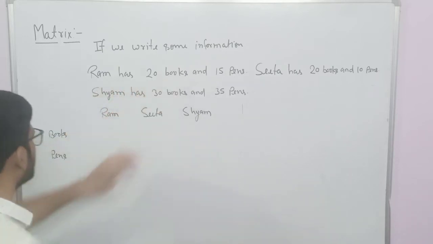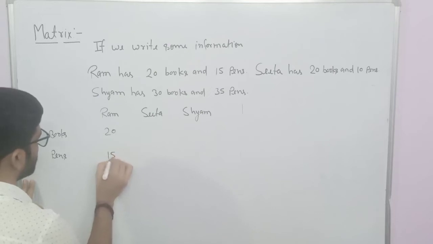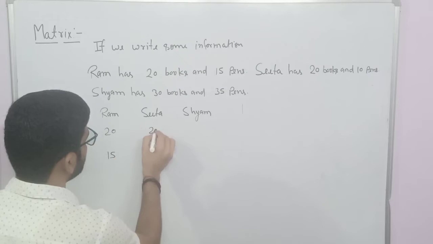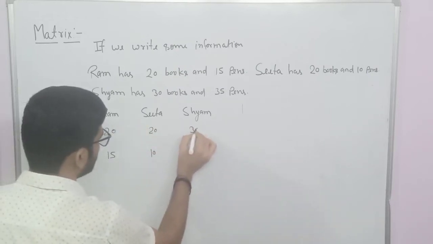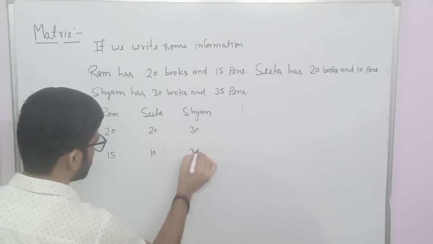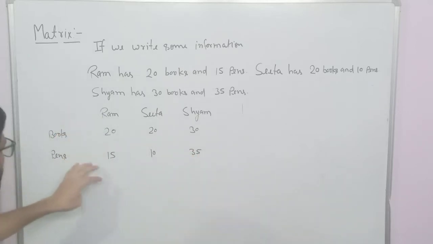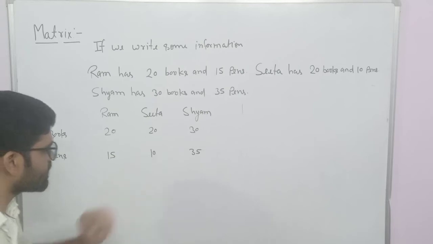Ram has 20 books and 15 pens. Sita has 20 books and 10 pens. Syam has 30 books and 35 pens. So this information can be written in this way also, in tabular form.